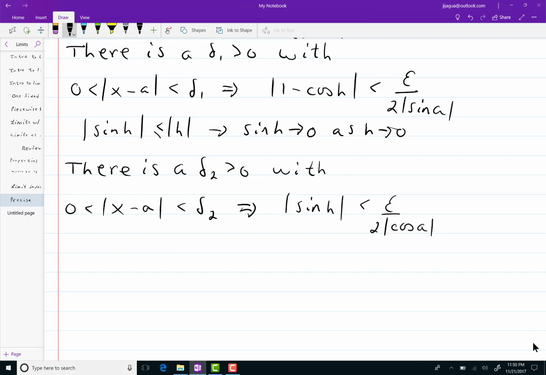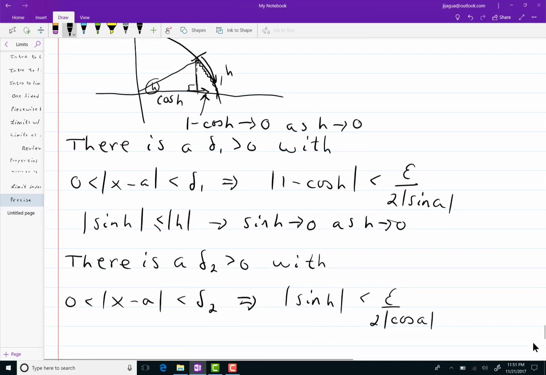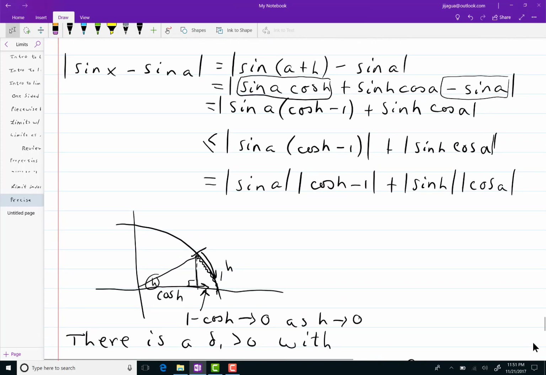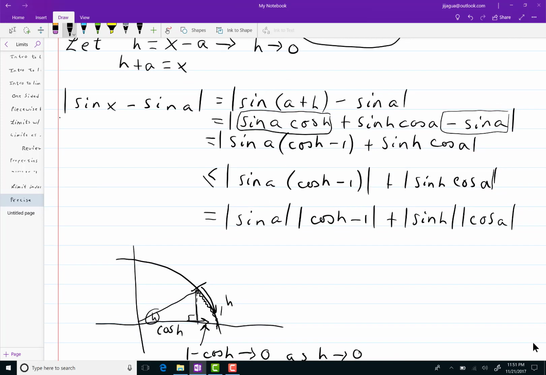I probably could have been a little more intelligent with what I did, but what I'm trying to do is work my way through with as little trickery as possible. This thing already has some trickery. So let me grab this piece here and this piece here, and rewrite them with my possible deltas and epsilons.